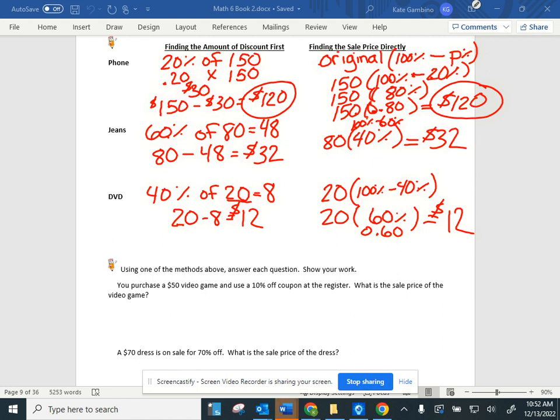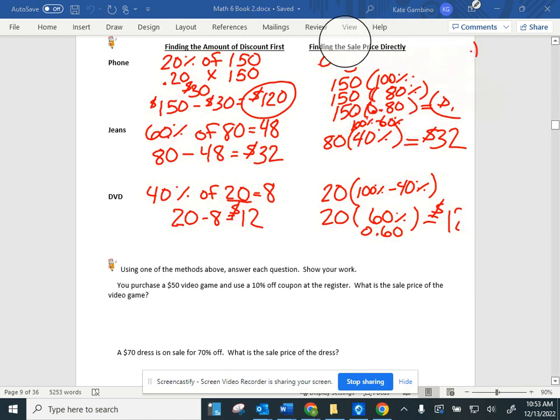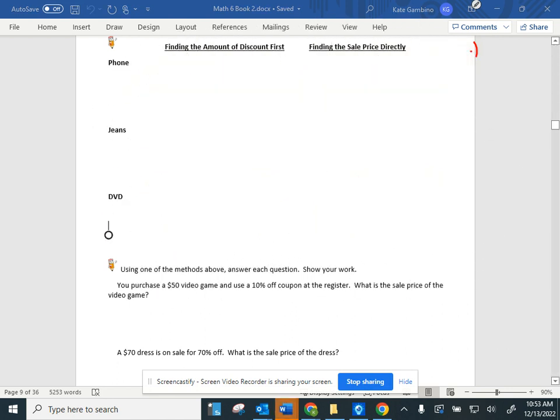Okay, so we're going to look at this and say which one works for you. You could do it either way. You could multiply and then subtract, or you could subtract and then multiply. You get the same answer. So let's scroll up to see what our work is for today.